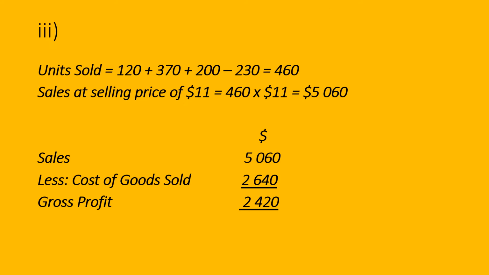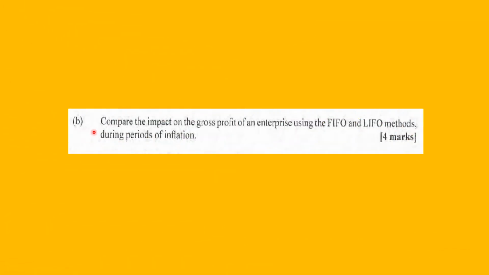Okay. Let's take a look at the next part. Part B asks us to compare the impact on the gross profit of an enterprise using the FIFO and LIFO methods during periods of inflation. To explain this a bit, periods of inflation means that the price of the stock is increasing.